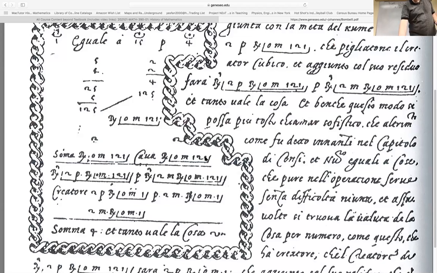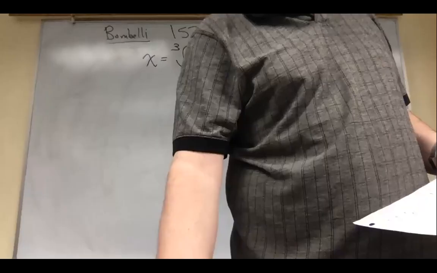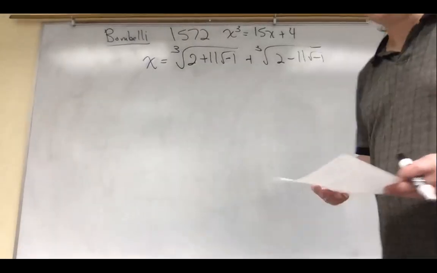So this is the cube root of 2 plus the square root of negative 121 plus the cube root of 2 minus the square root of negative 121. All right, so right here is that expression. I'm not going to come back to here much more. You can look at it more, but I don't think I'm going to come back there anytime soon.